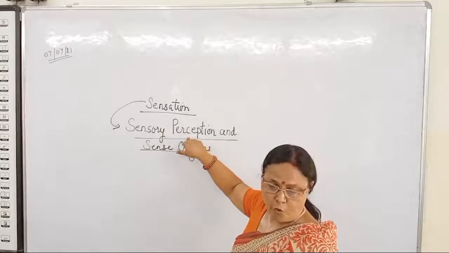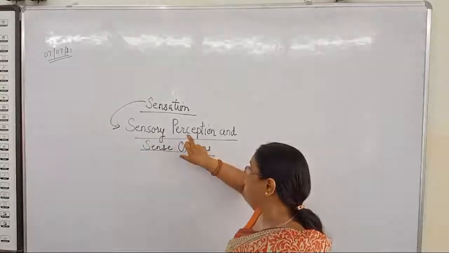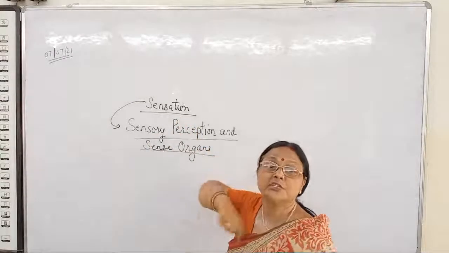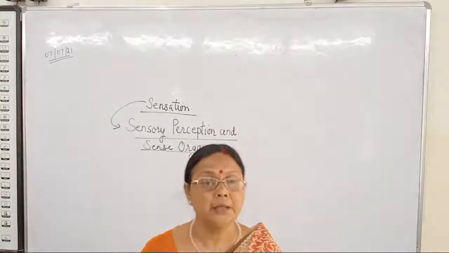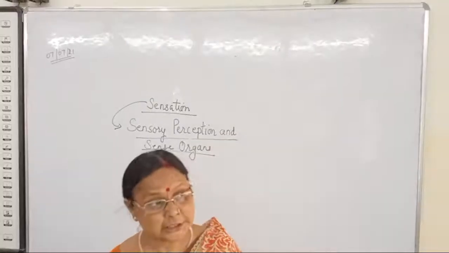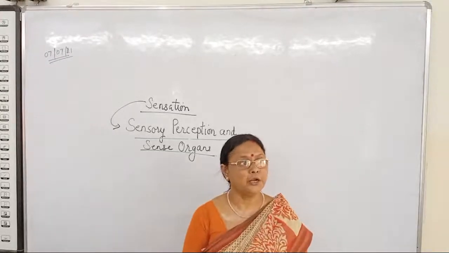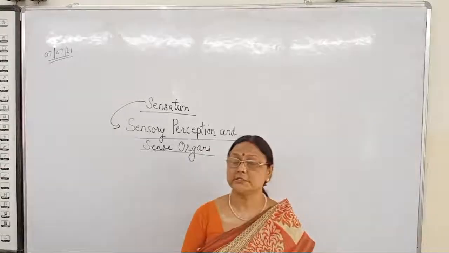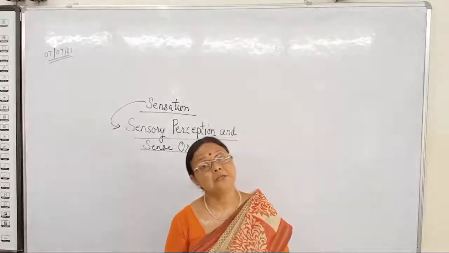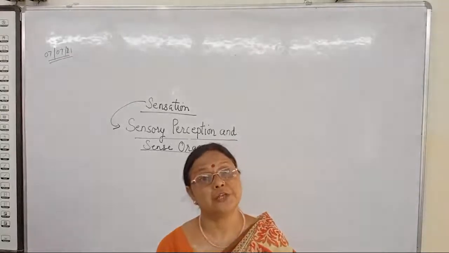In case of coma, you must have seen that sensory perception and sensation are disturbed, and that is why they are unable to perceive. This sensory perception is very important because one has to be informed about its environmental surroundings, then only you are able to survive.